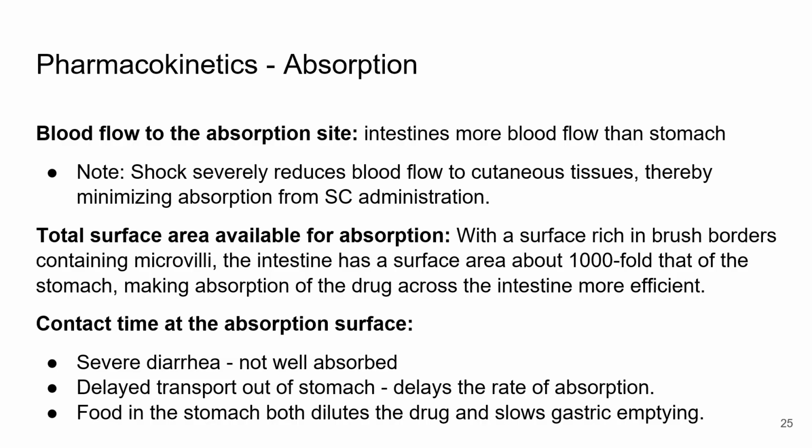Food in the stomach can dilute the drug and delay its movement into the intestine, slowing the onset of action for that medication. So the takeaway here is that blood flow, surface area, and contact time all directly affect how much drug is absorbed and how quickly it works, even when the dose is unchanged.